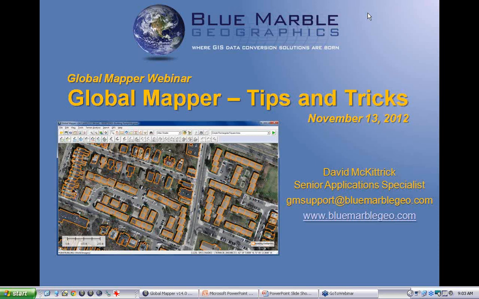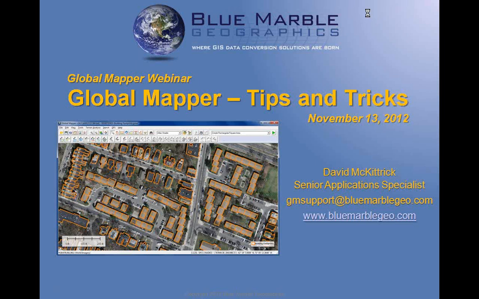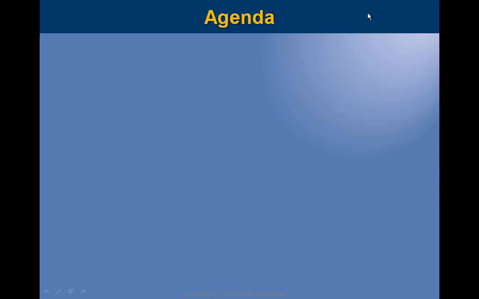So for today, very quickly, I'm going to go through an agenda. Drawing up an agenda for today's session was a little bit difficult because, as I glanced through my notes, we are going to be touching on a wide variety of functions within the software. We entitled this session Tips and Tricks, and when I was planning this, I tried to segment what would be defined as a tip and what would be defined as a trick.